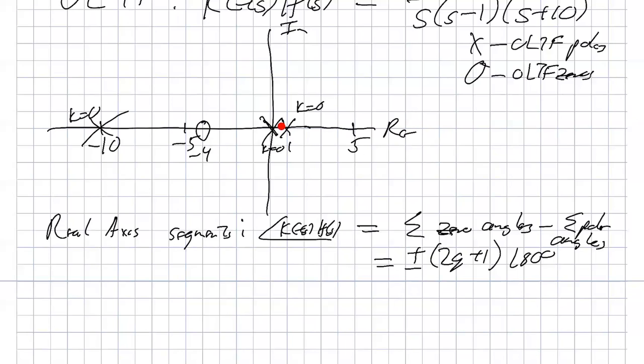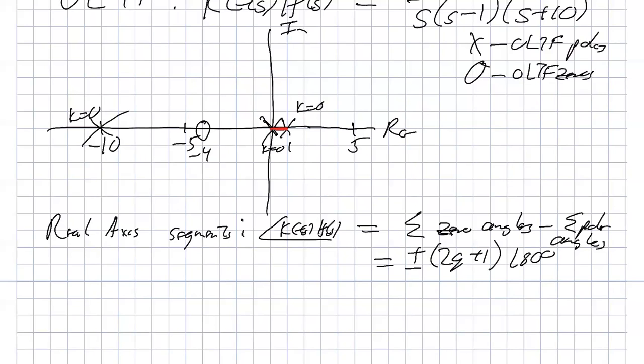So now I've got 1 zero angle. I've got 0 degrees, minus 0 degrees from the pole, minus 0 degrees from the pole, plus or minus 180 degrees from this pole right here. So we know that it's got to be on the real axis in between here.